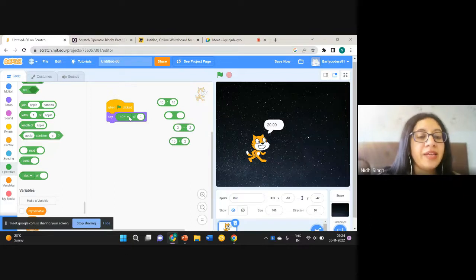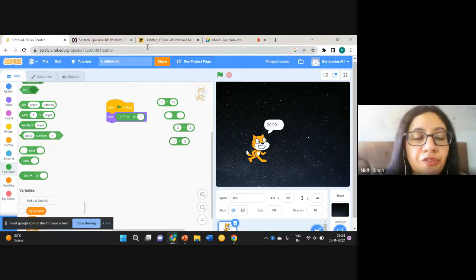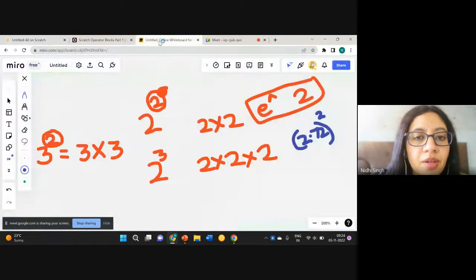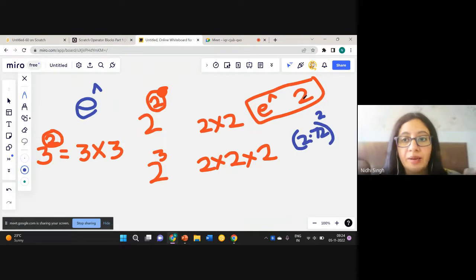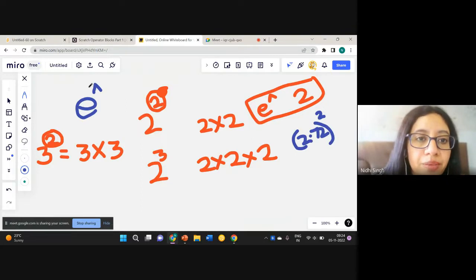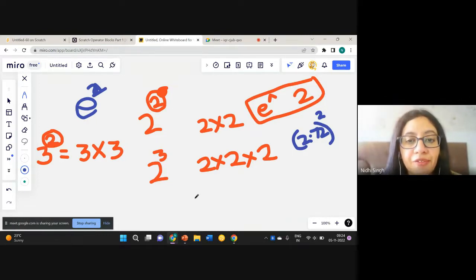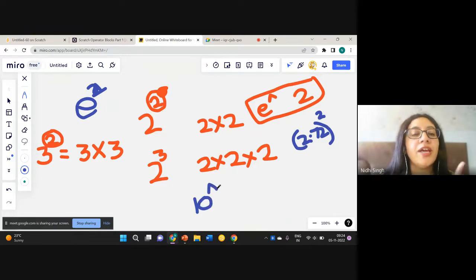So previously it was taking power of E. Yes, ma'am. So whatever number we were typing in the box, it was replacing with that number. Now, instead of E, we are having 10. But this sign is same. That means again we are talking about power.